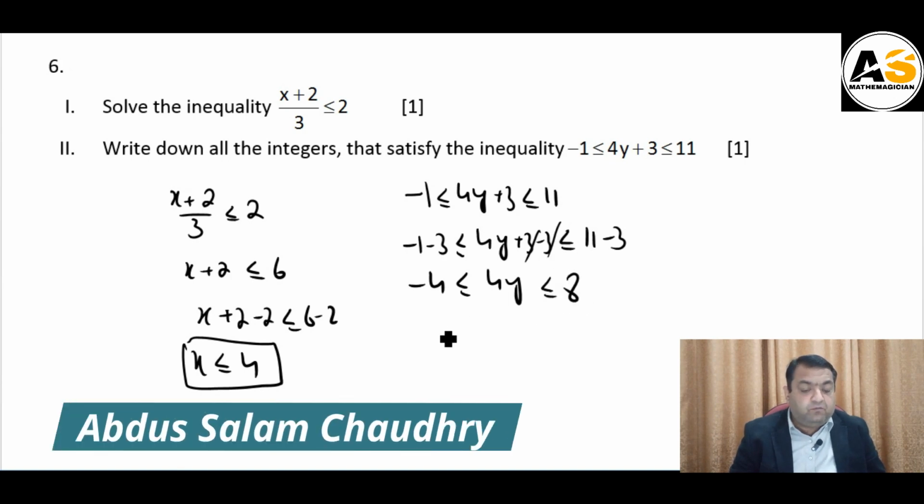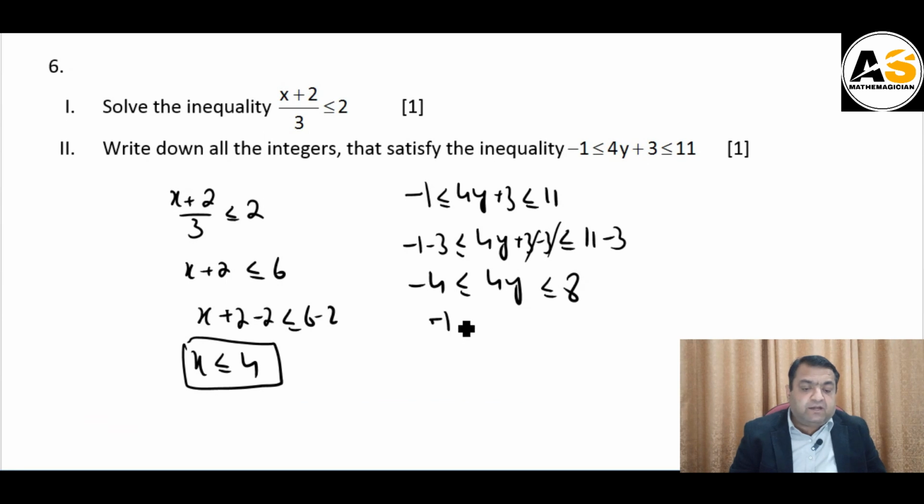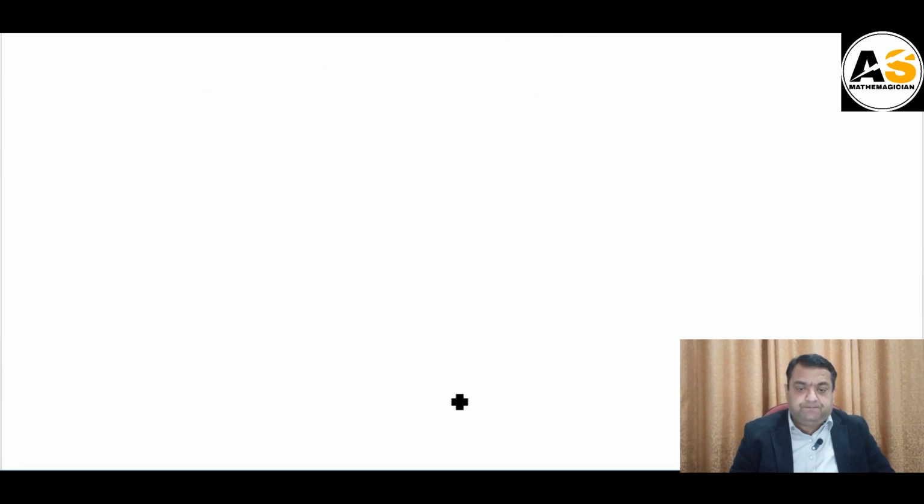Dividing by 4, -1 is less than or equal to y is less than or equal to 2. We have to write down all the integers satisfying this inequality. -1 is included, so -1, 0, 1 and 2. These are the 4 integers which satisfy this inequality. This was question number 6.